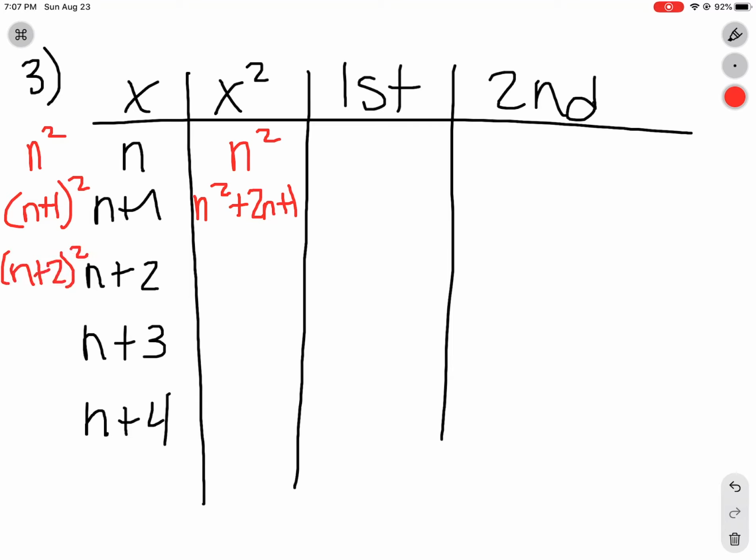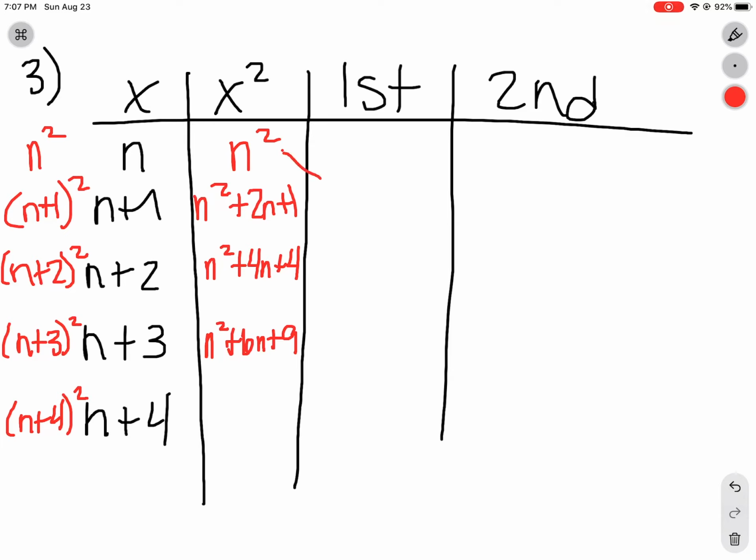For n plus 2 squared, you get n squared plus 4n plus 4. Okay? For n plus 3 squared, you get n squared plus 6n plus 9. So you guys figure out n plus 4 squared. Then you'll have to do the first and second differences. Remember to run the negative through. You cannot forget that. Okay?